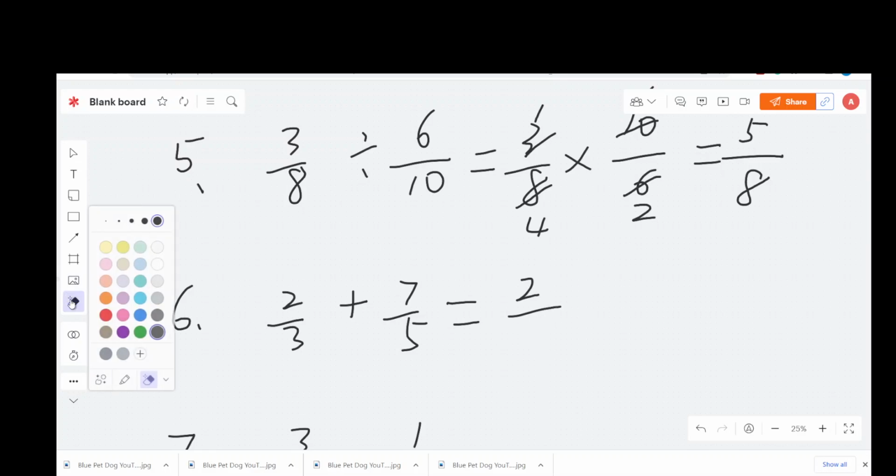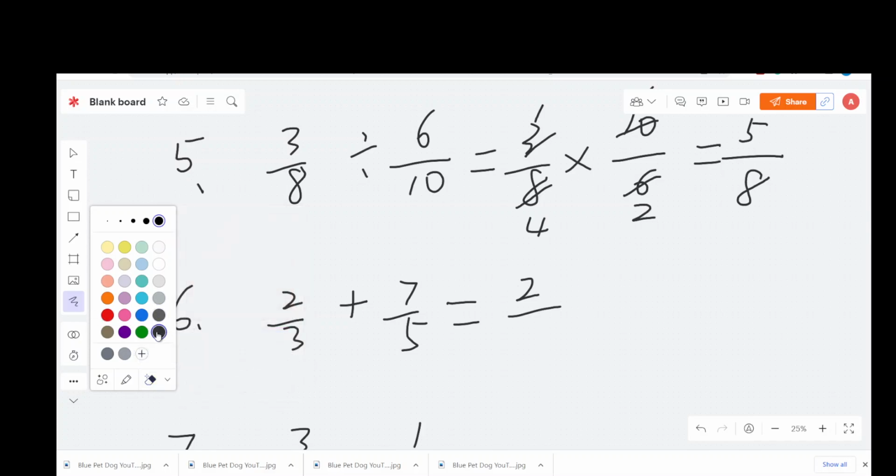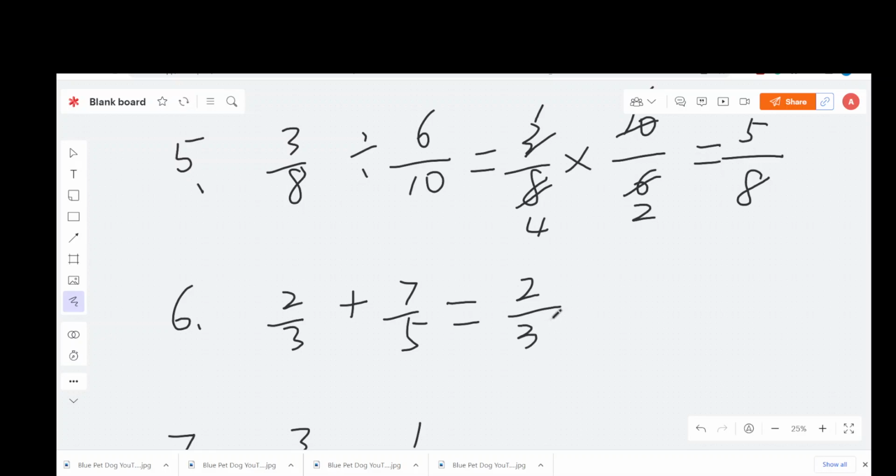Okay, 3. And here is 3, here is 5. 3 times 5, we make the numerator and denominator times the same factor. 2 times 5 plus 7 times 3 over 5 times 3.